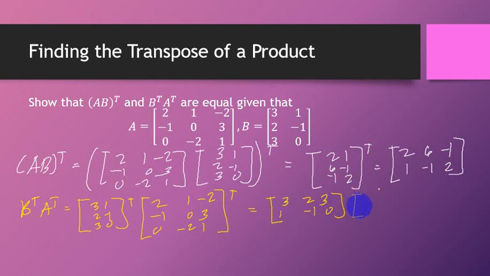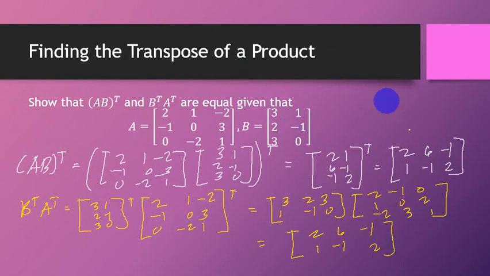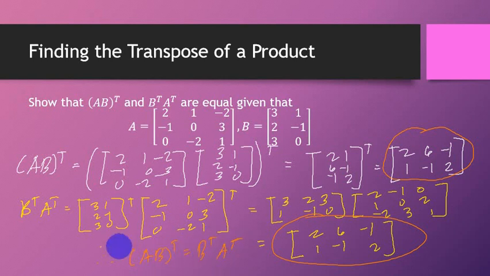While multiplying that to the transpose of this one, 2, negative 1, 0, 1, 0, 2, negative 2, 3, 1, this will actually give us, after doing the multiplication, 2, 6, negative 1, 1, negative 1, 2. So, we have this as proof that they are equal. Hence, we can say that AB transpose is equal to B transpose A transpose. There you go.